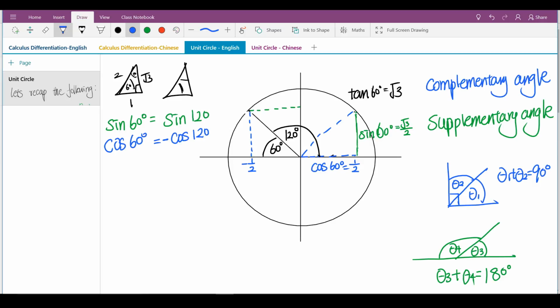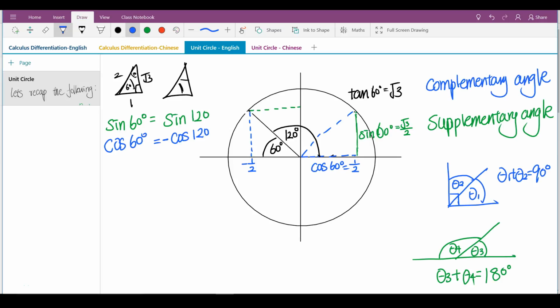The x value is the same as the x value of cosine 60, but the sign has changed from positive to negative, simply because we're in the second quadrant now, where only sine theta is positive.